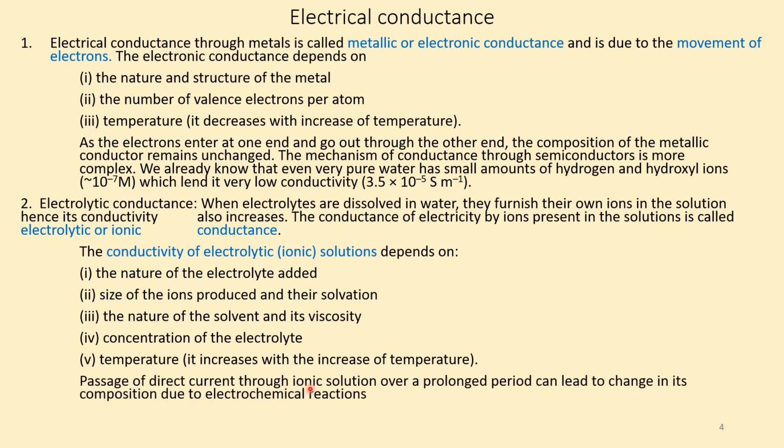Passage of current through ionic solution over a prolonged period can lead to change in its composition due to electrochemical reaction. So, in addition to the above 5 parameters, there are also electrochemical reactions which change the composition due to passage of current through ionic solutions. So please note down, make a tabular column and compare the properties of electrical conductance through metals as well as electrolytic conductance.